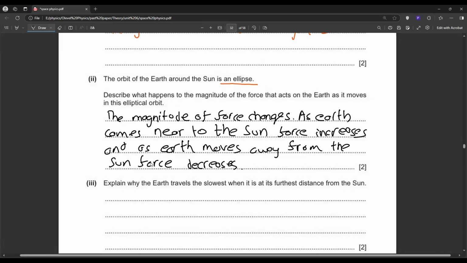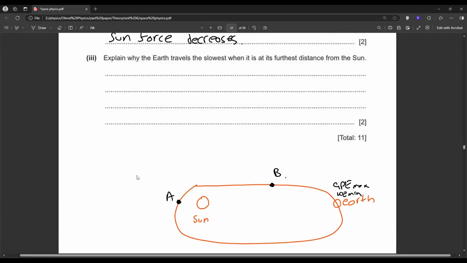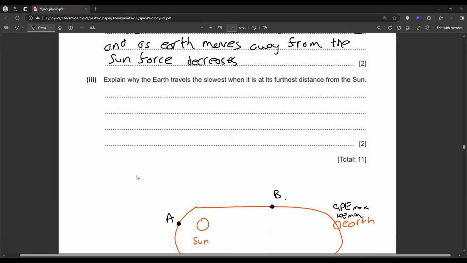Explain why the earth travels the slowest when it is at the furthest distance from the sun. If the earth is at the furthest distance from the sun, what will happen? Gravitational potential energy will be maximum, kinetic energy will be minimum, hence velocity is minimum. So you can write it here.